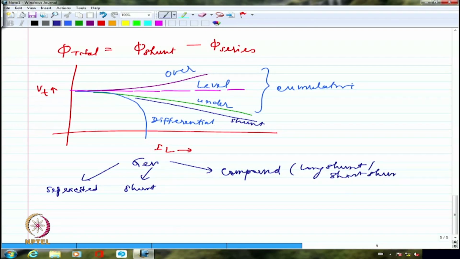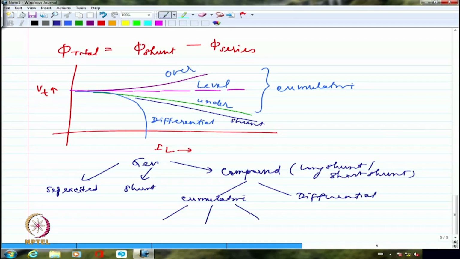But within this itself, there are two: one is cumulative, the other is differential. Under cumulative, I talked about three: under compounding, level, and over compounded. Is this clear?